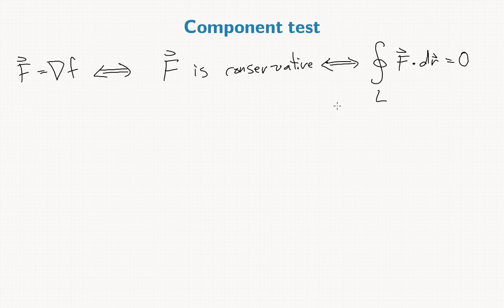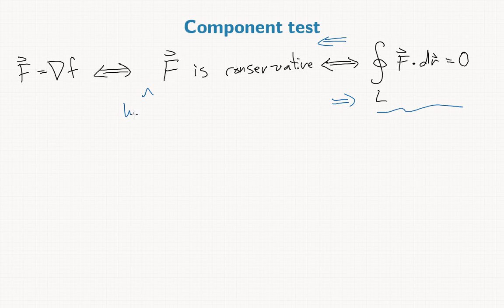But really the one is more useful in this direction. If you know f is conservative, then you have this property that its integral over any loop is 0. It's hard to apply this in the other direction because then you would have to calculate an integral for every possible loop. So that's not really feasible.